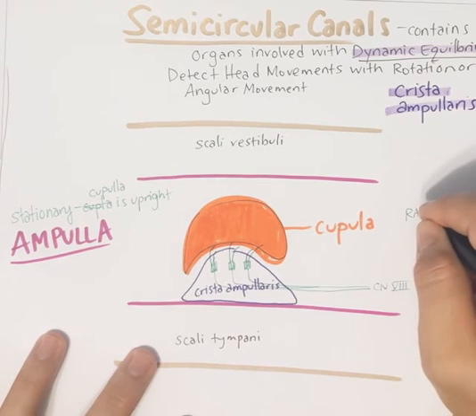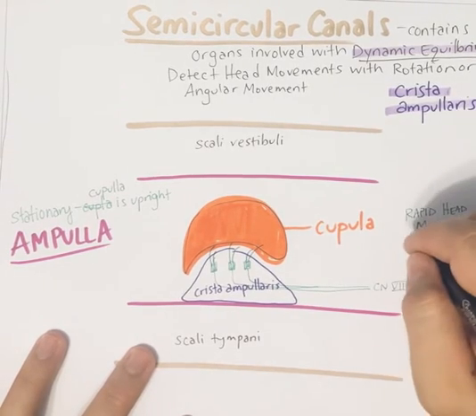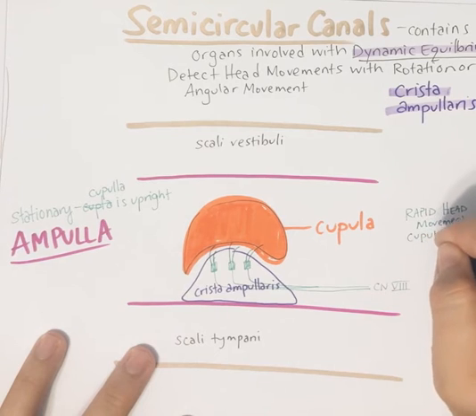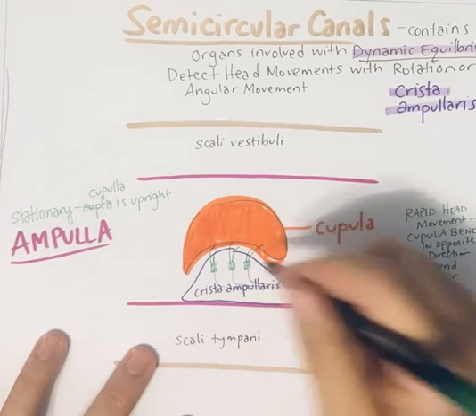So when you have rapid head movement, which is spinning or linear, the cupula is gelatinous. The cupula bends in the opposite direction, which bends the hair cells, and the hair cells are going to be called stereocilia and kinocilium.